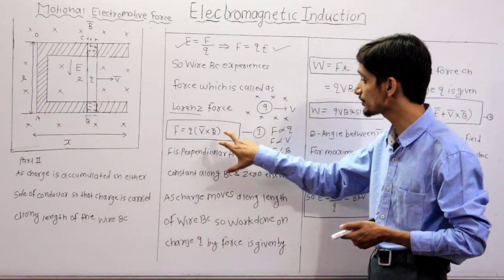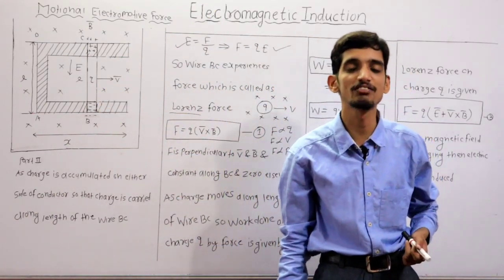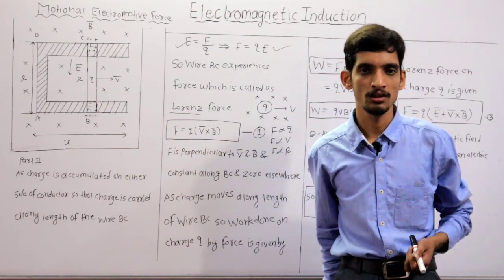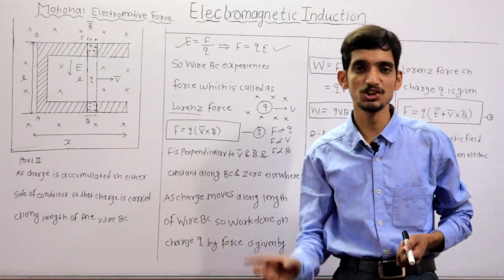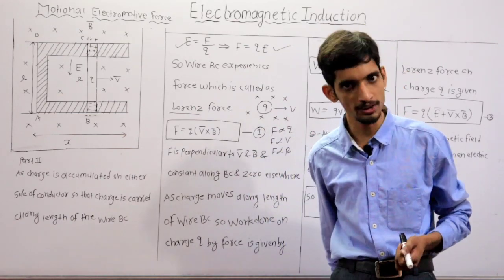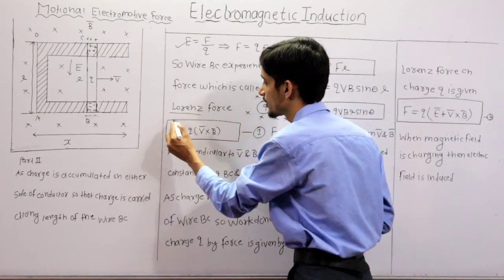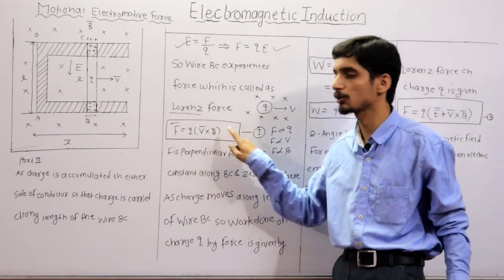Clear? So this force experienced by the charge when it is placed in a magnetic field is given by QVB, which means charge into velocity into magnetic field. F is equal to QVB is the magnitude, and in generalized form it is F bar is equal to Q times V bar cross B bar.